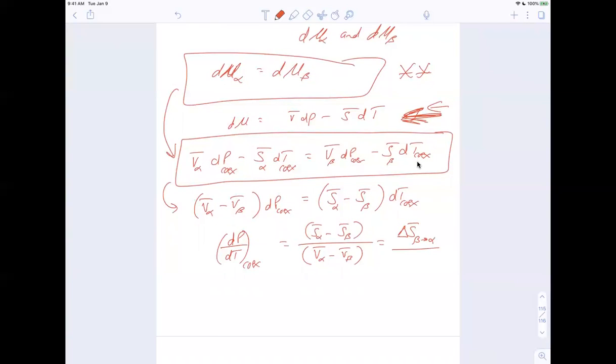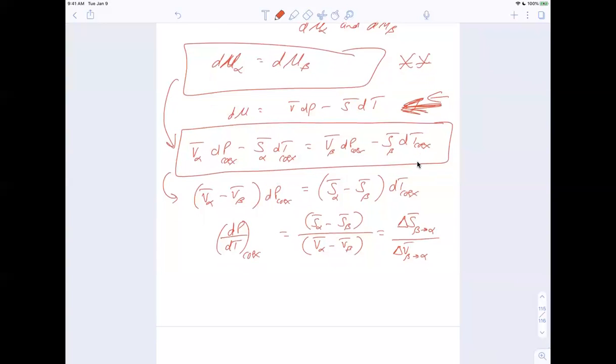And then on the bottom, you have delta V bar for the phase change, again going from beta to alpha. And that's all it is. So that's what this intermediate result is, that the slope is really related to the changes in molar entropy and molar volume for a pure fluid. Again, this is at coexistence.